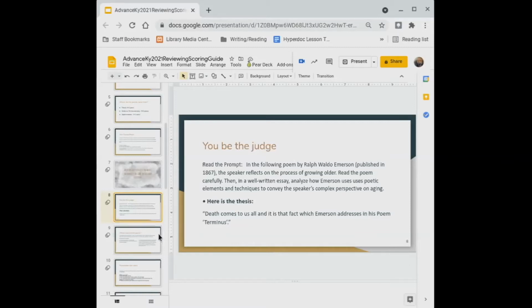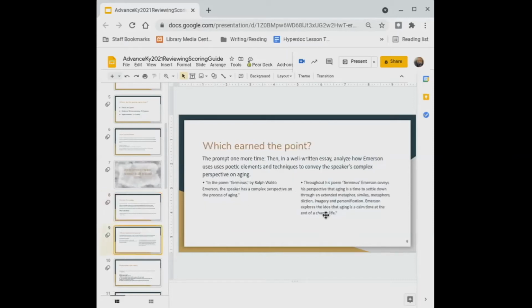Okay, let's take a look at this next one. Same prompt. Hopefully you can see these. Which of these do you think would receive the point, the one on the left or the one on the right?